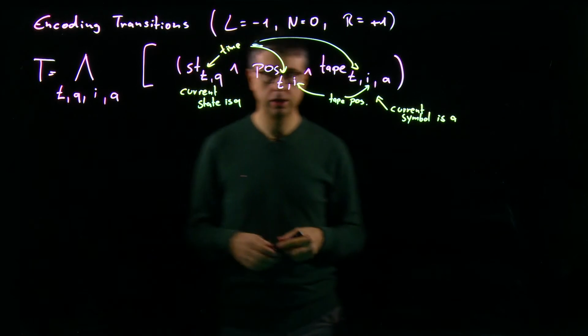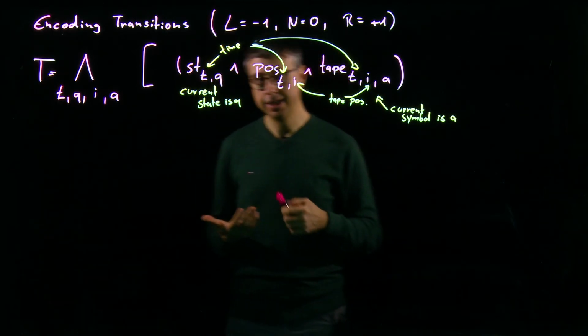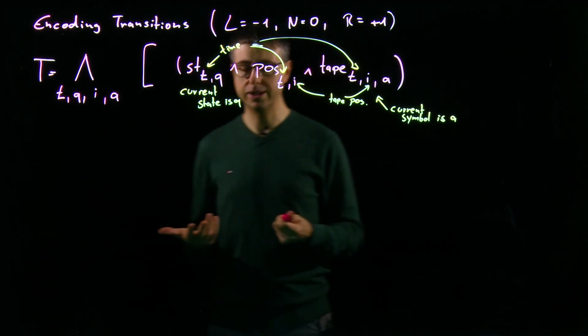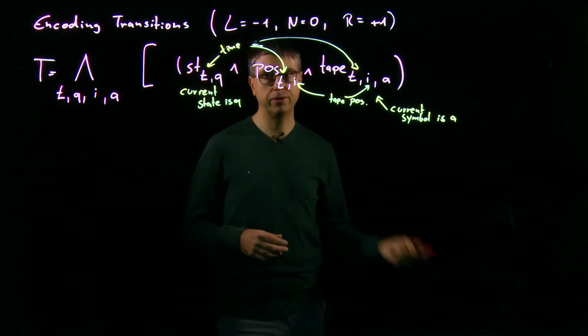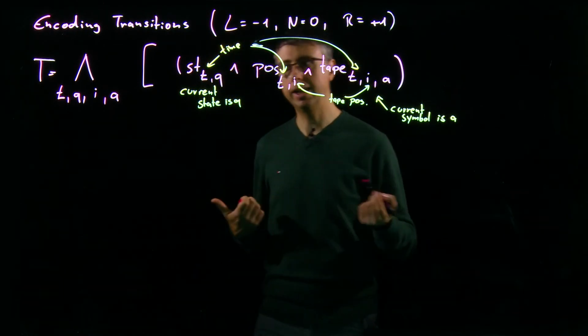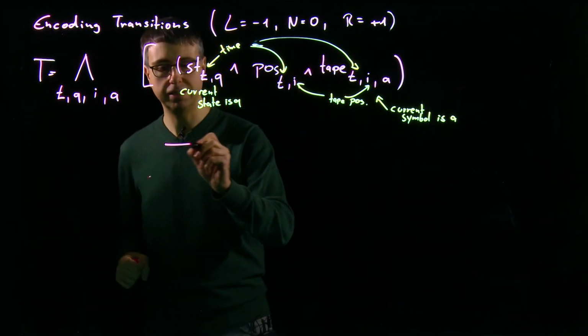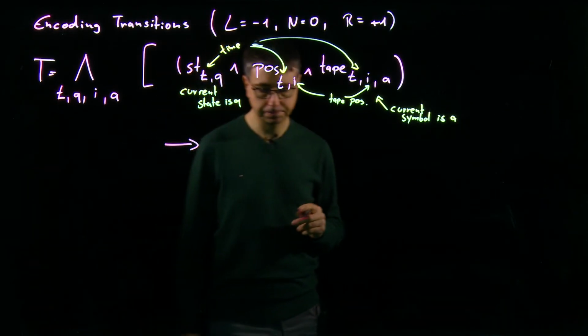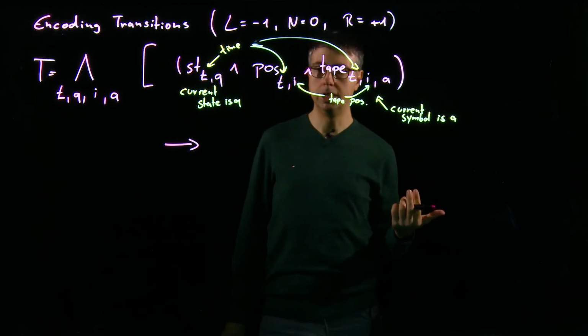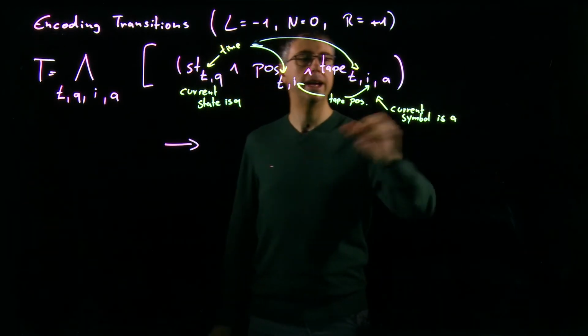Now we have to specify what the Turing machine does, and that's specified by the transition relation of the Turing machine. We have to check the transition relation, and it specifies what can happen. The Turing machine can choose one of the possible transitions for the current state and the current symbol.